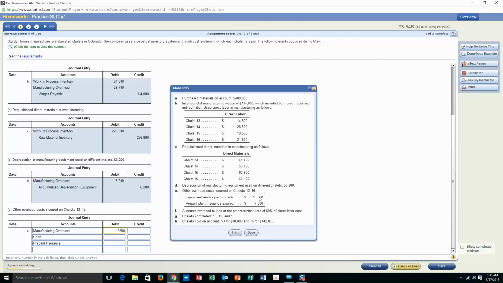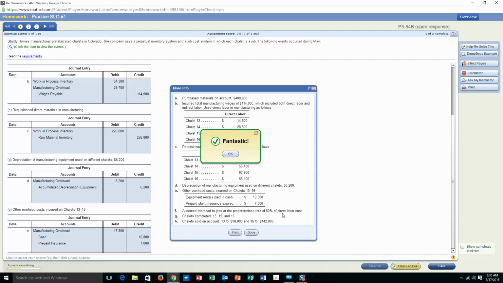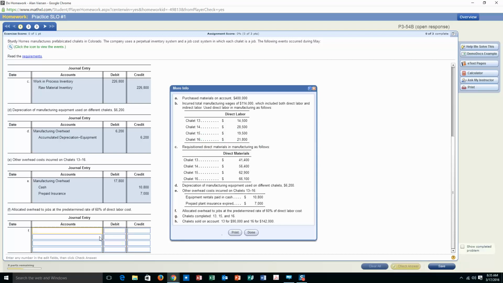As you can see, I guess that'd be 17,800. And this is 10,800 and 7,000. Answer, fantastic. Go on now, we allocate the overhead to jobs at the predetermined rate of 60% of direct labor.